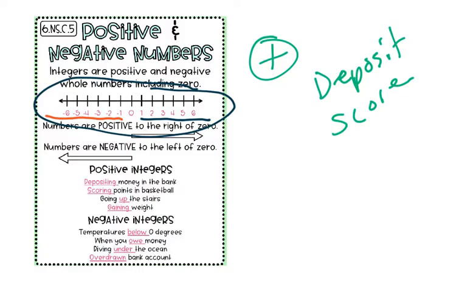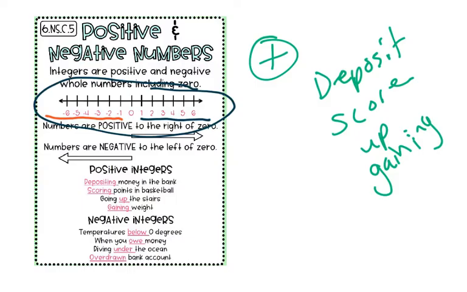When you're going up stairs or an elevator, that is positive. Gaining weight is written positively. Okay? All those are indicated with positive numbers.